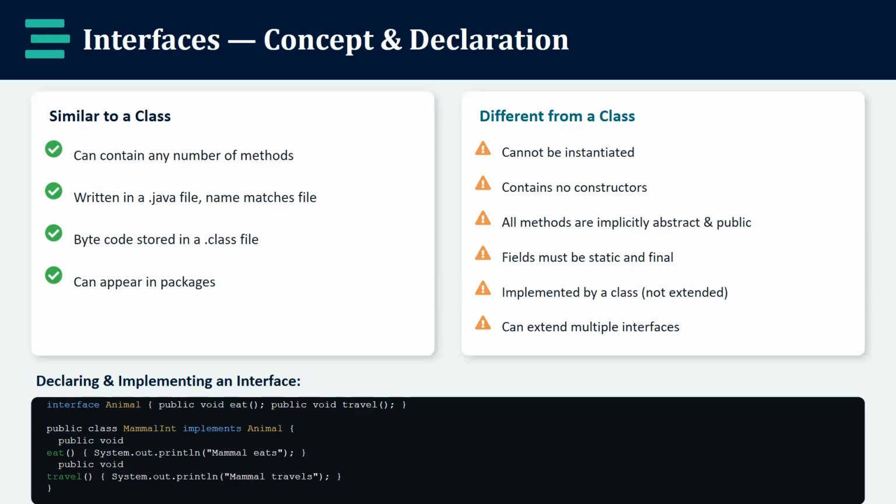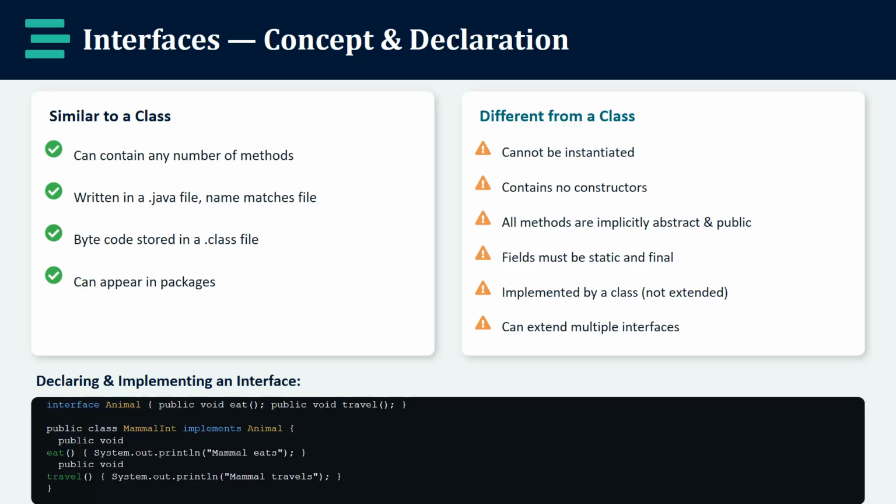In interfaces, all the methods are implicitly abstract and public. Interface fields must be static and final. That is the difference with classes. Also, interfaces can be implemented by a class and cannot be extended by it. Interfaces can extend multiple interfaces, unlike classes.